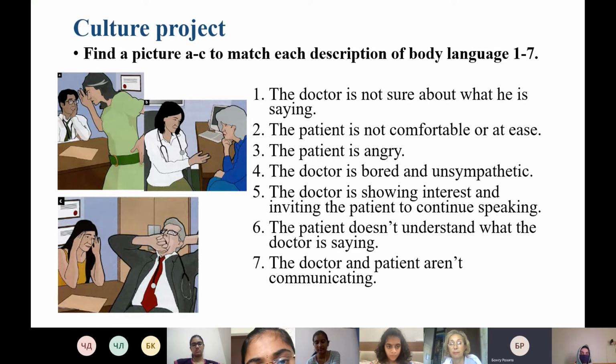A, ma'am. The connection is bad. So I think you are saying picture A, right? The last one. The doctor and patient are not communicating. It's picture C, ma'am. Picture C, yes, you're right.